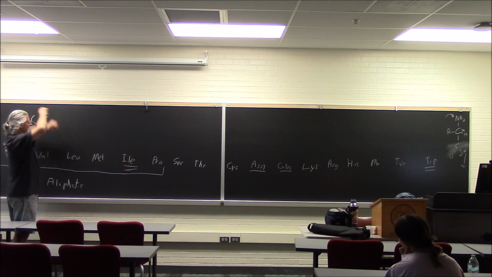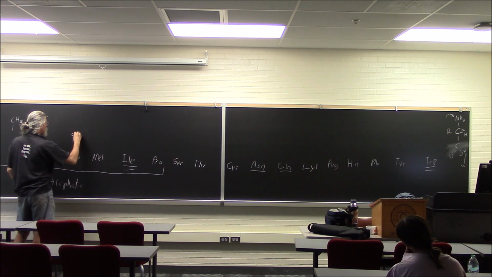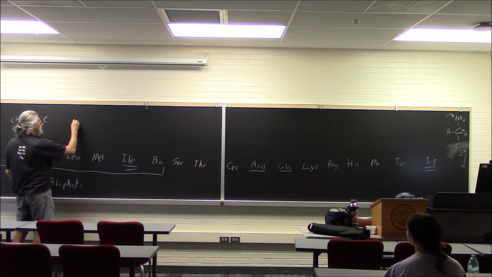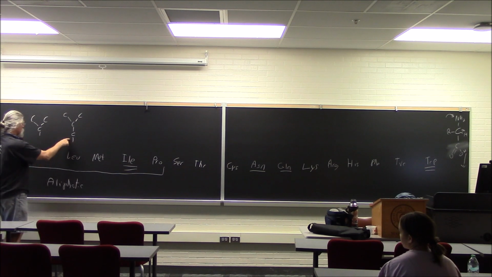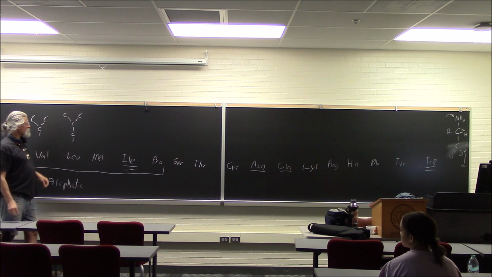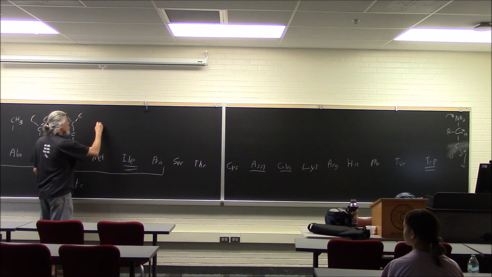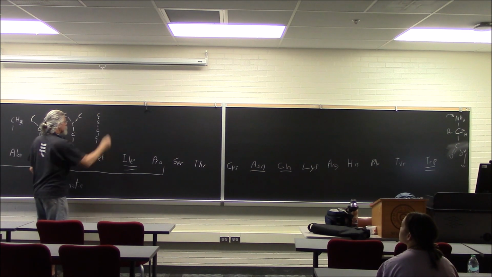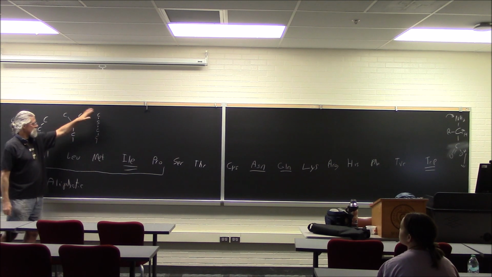Leucine is alanine plus valine. So it's got a C there, and then it's got that. Methionine, this one you just kind of have to remember. Looks like that. So it's 4 units plus various hydrogens.